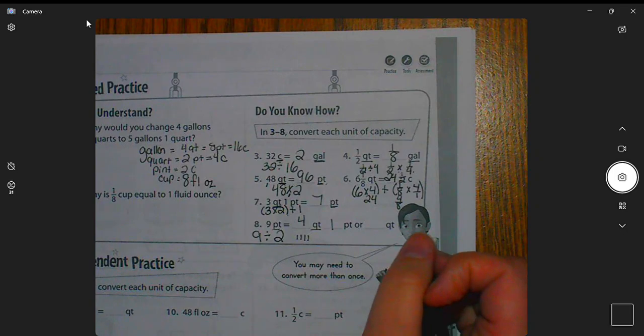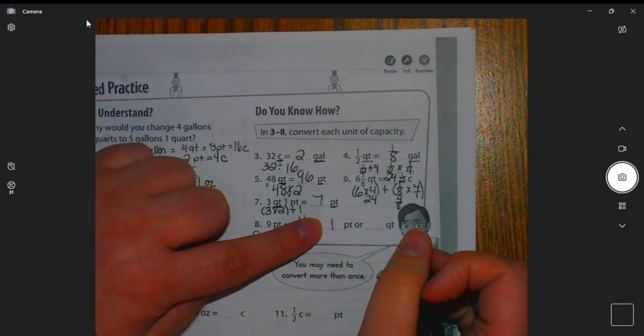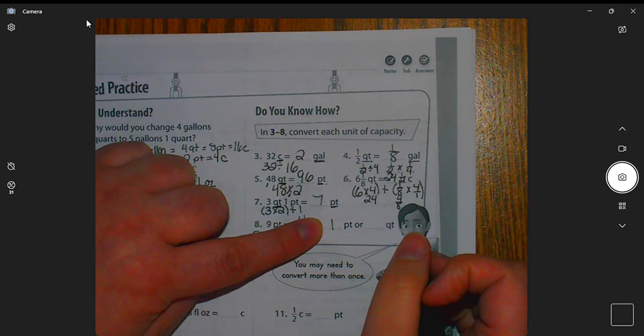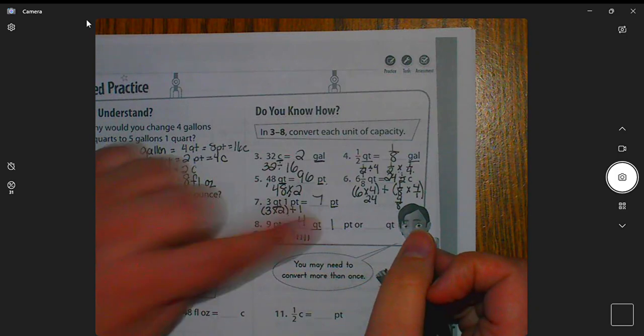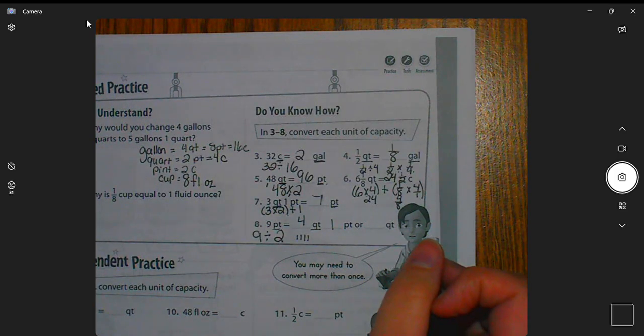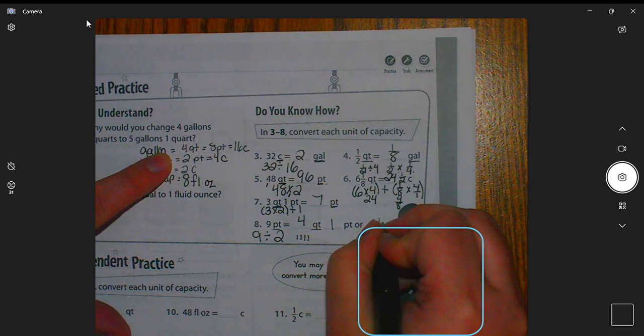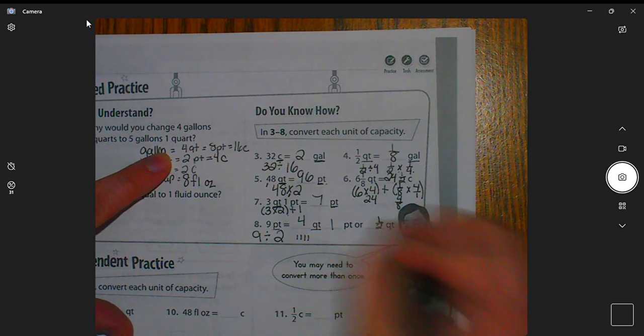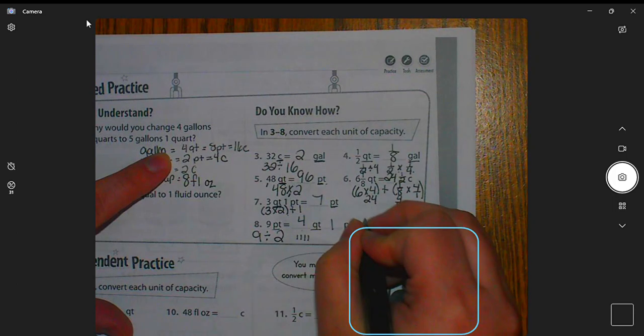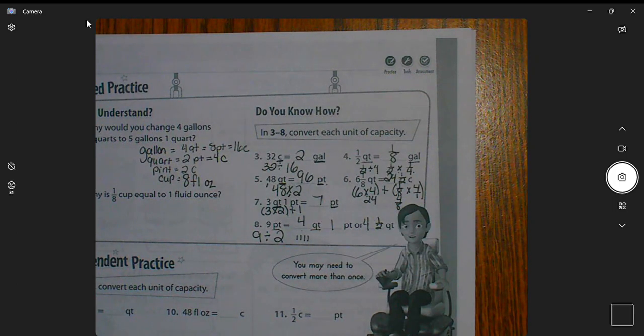So I have to look at the pint item. If I have only 1 pint, how many pints do I need to make a whole quart? Yes, I need 2. So I have 1 out of 2 required pints. And then my quart stays the same. So 4 quart, 1 pint, or 4½ quarts.